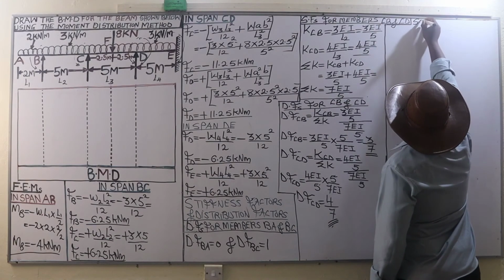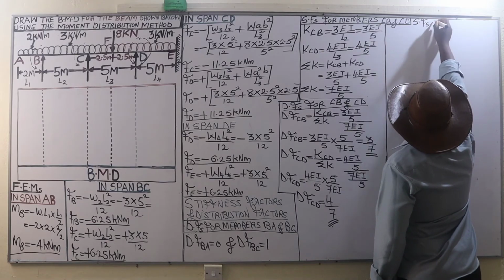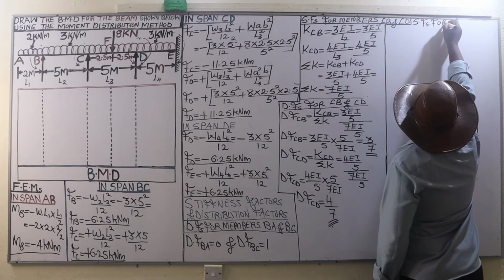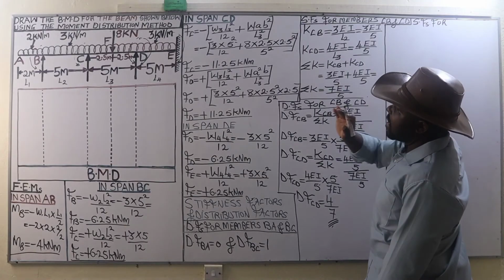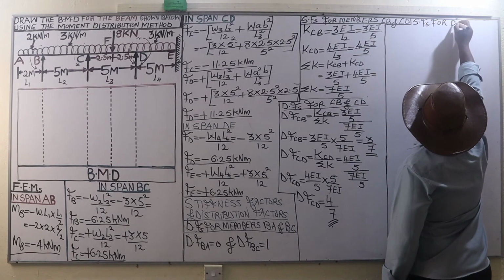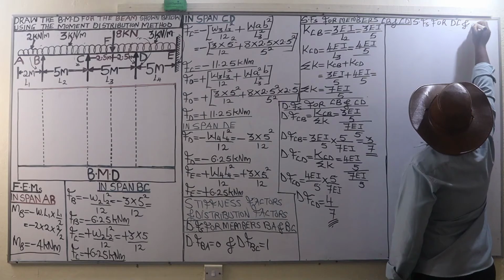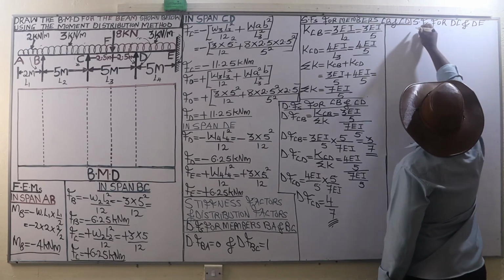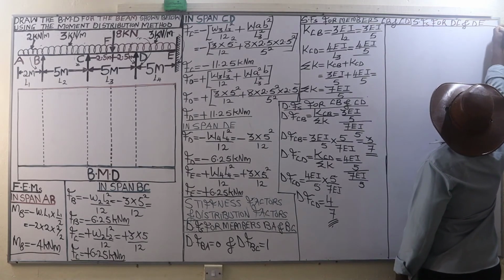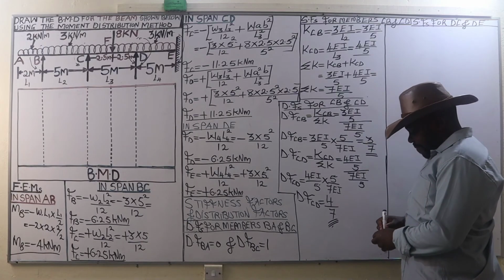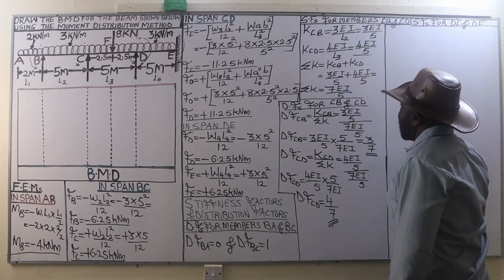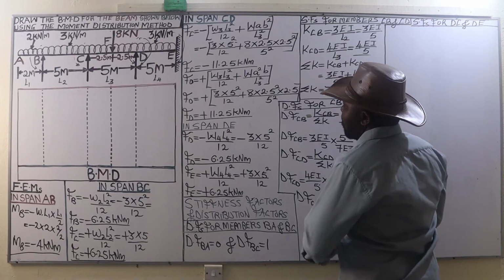Stiffness factors for members DC and DE. Now, we are going to have the following.